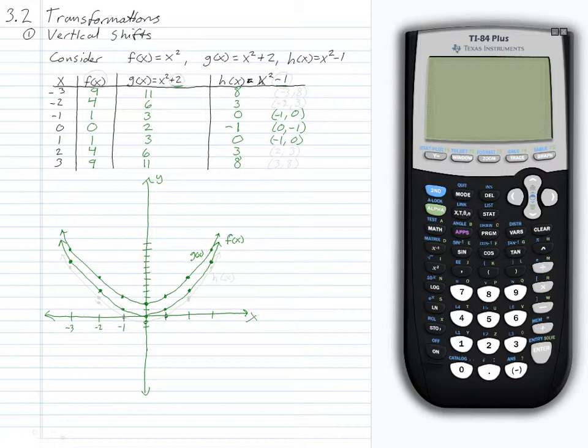So those will be our x-intercepts. We also have the points 2, 3, and negative 2, 3. Oh, that should actually be up a little further. We have the points 3, 8, and negative 3, 8.